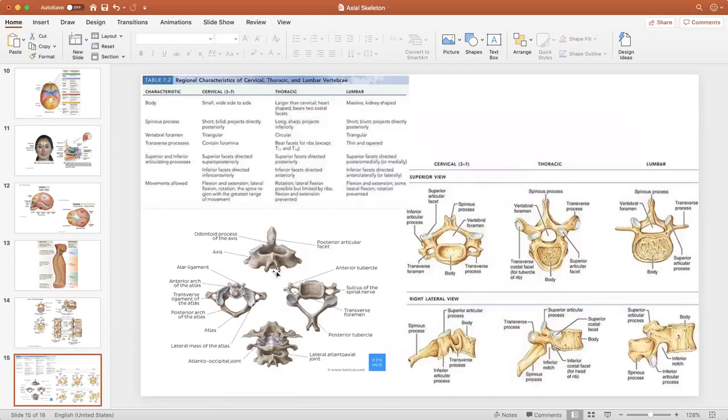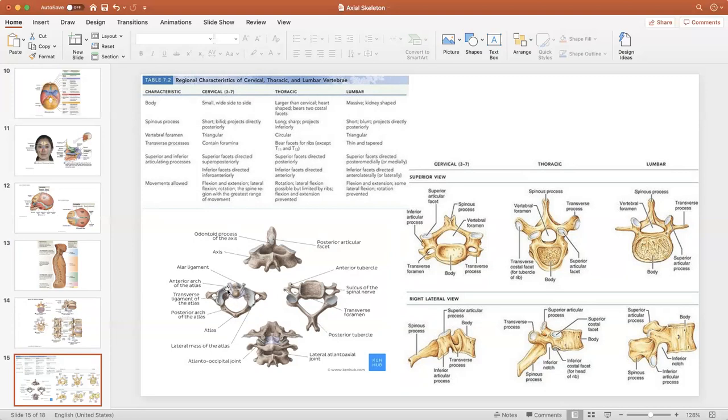So the atlas is on top, the axis is on the bottom. Okay, atlas is C1, and the axis is C2. So C1 is right under the skull. We have these superior articulating facets here, which cradle the occipital condyles.